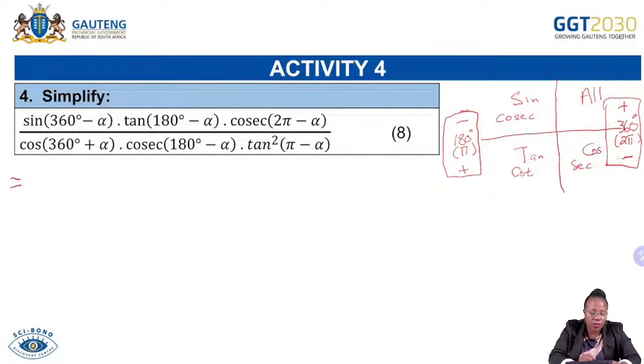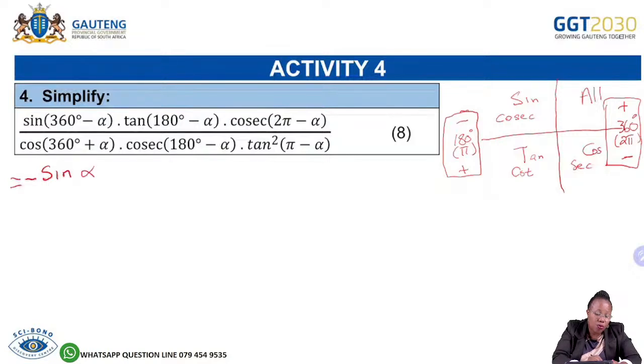No, it's only cos that is positive. That means sine is negative. Then you reduce this to alpha because you have already used the quadrant there. And then the dot is multiplication. And then 180 minus is quadrant 2. Is tan positive there? No, it's only sine. Then that is negative tan alpha in quadrant 2.